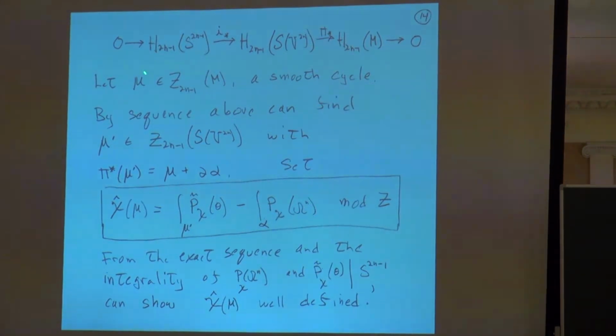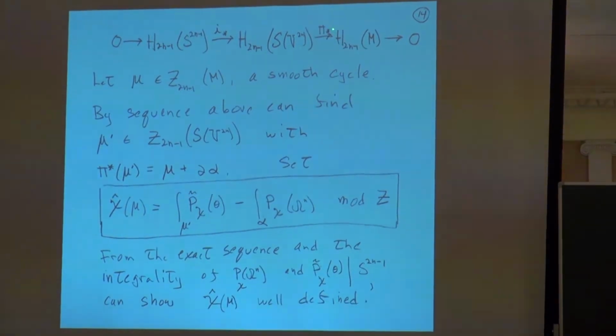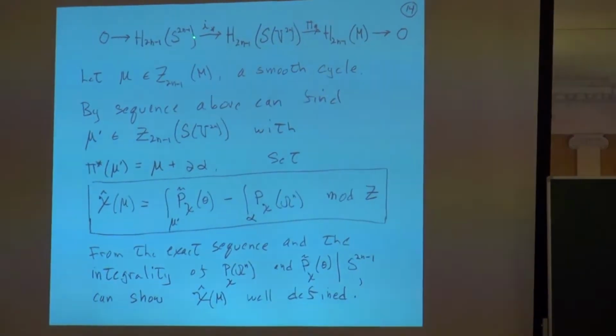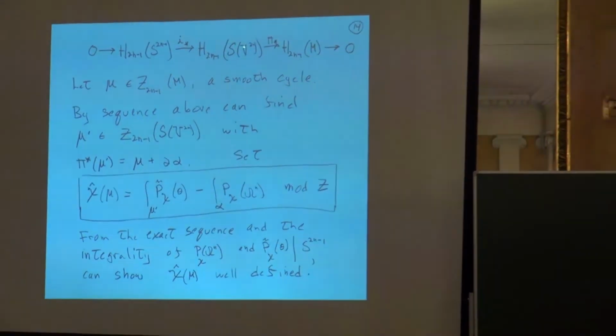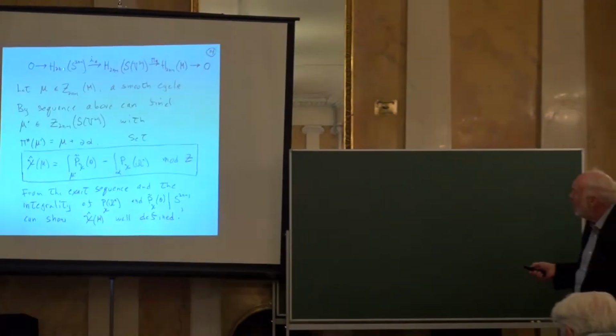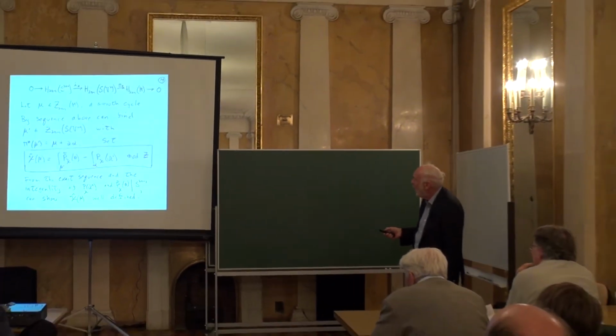So now let's take a cycle. Well, which fibration is this? This is a sphere bundle of a vector bundle over a manifold. Right. If the Euler class is non-zero, it's non-injective. So the bundle is non-zero, then it's non-injective. What's non-injective? Homology of the fiber. I think it is.